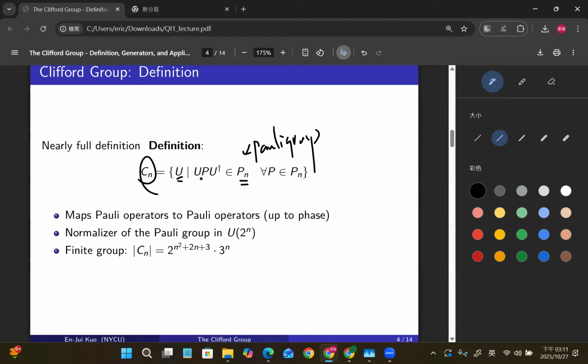That means that you map Pauli to Pauli. So U P U dagger still becomes a Pauli, still in the Pauli group. Okay, so this is non-trivial. We will see some examples. It maps Pauli to Pauli and is basically called the normalizer of the Pauli group, which is a finite group. This is highly non-trivial.